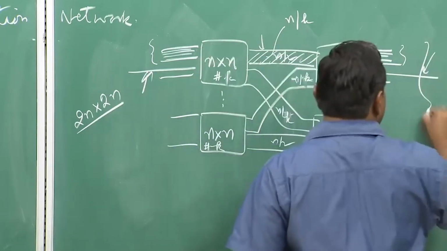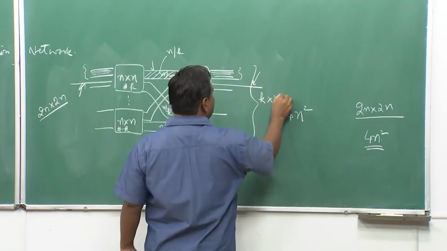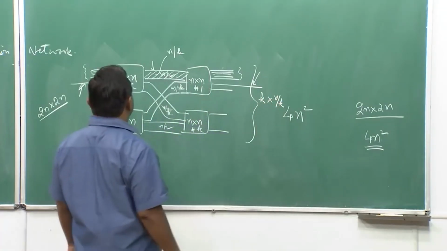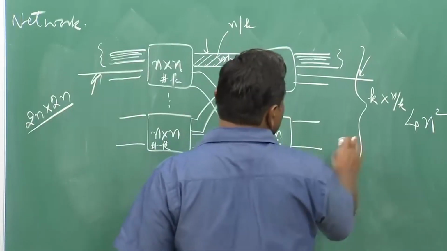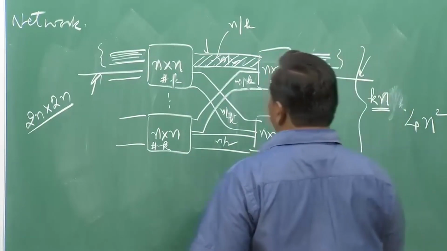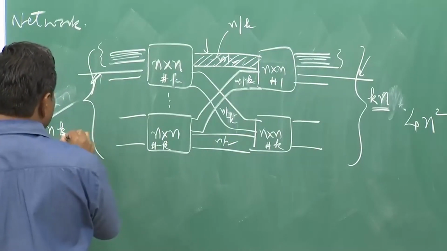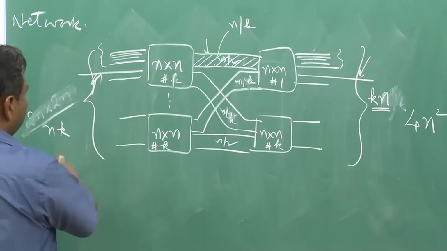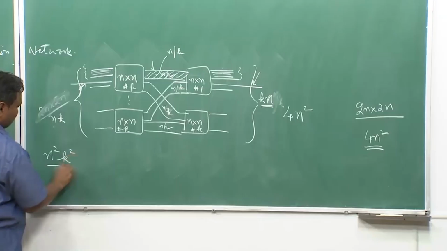So, total thing will be k into n, so n k, that will be the total number of ports. The ports on this side will be n k. So, when you build up an n k by n k switch, you require n square k square number of cross points.